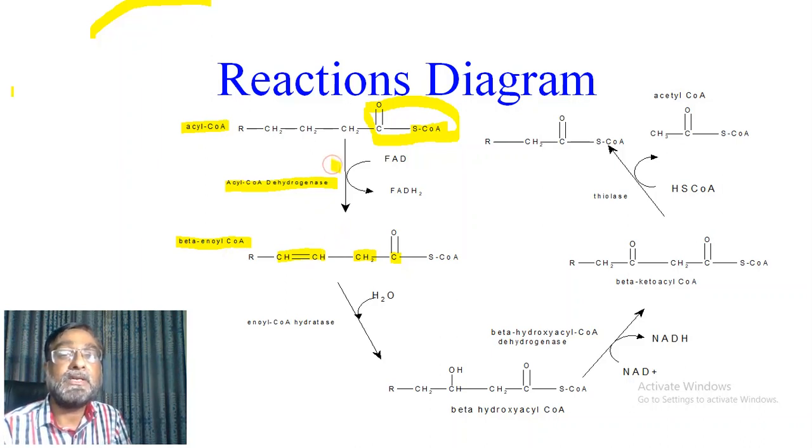Then on this one, enoyl CoA hydratase, as the name indicates, hydratase means addition of water. So this enzyme is doing the addition of the water. Look at this one. As you know, water consists of H and OH, right?